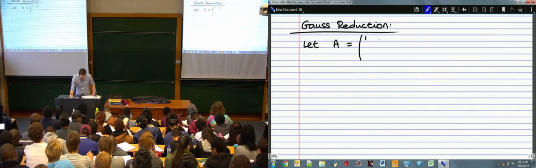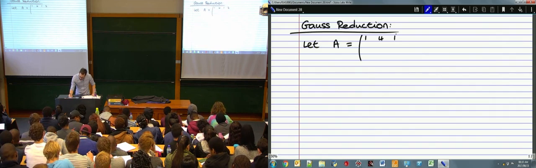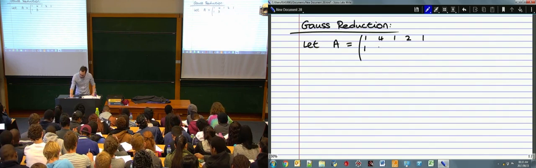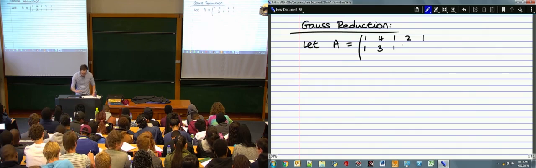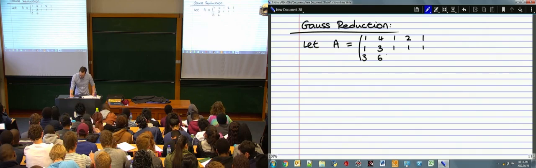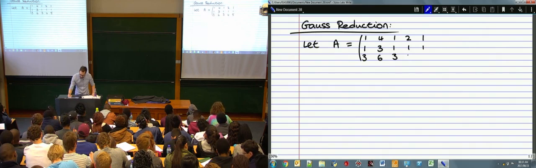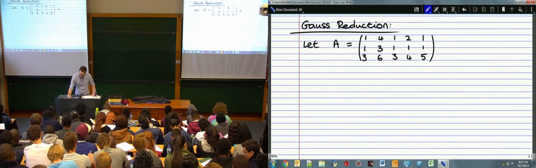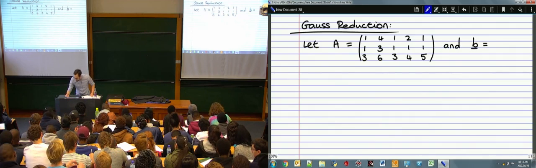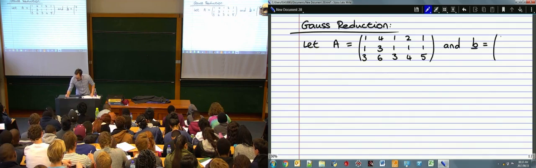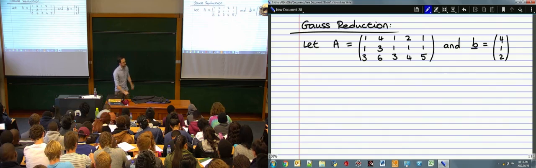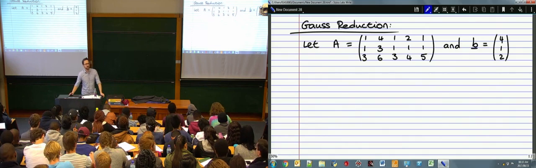So it's 1, 4, 1, 2, 1, 1, 3, 1, 1, 1, 3, 6, 3, 4, 5. And we're going to have a vector B, which is the vector 4, 1, 2. We've got this matrix A, we've got this vector B.